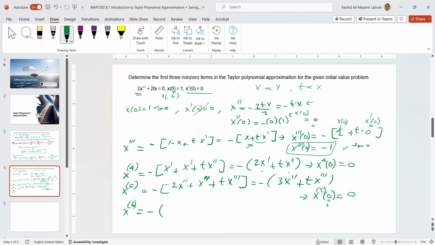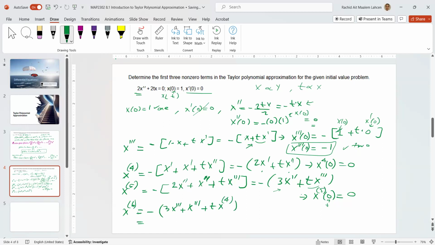So negative, we'll do the sixth here. So 3 times the third derivative there, plus now the product rule on this: t prime is 1, so the third derivative there, plus t times the fourth derivative.